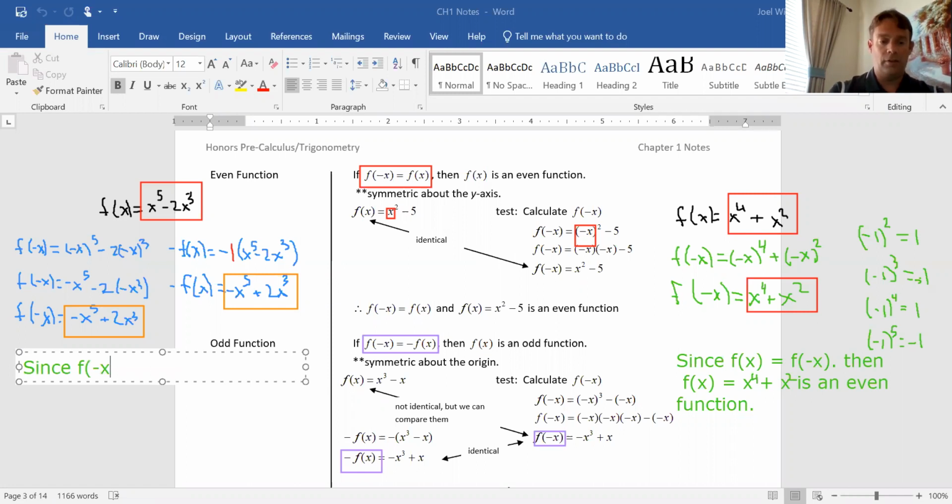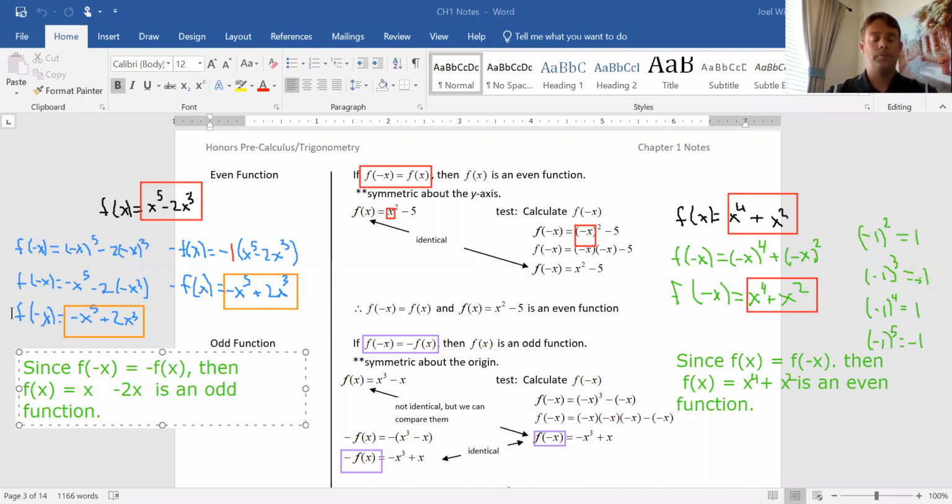Since f of negative x equals negative f of x, then f of x equals x to the fifth minus 2x cubed is an odd function. That makes that an odd function.